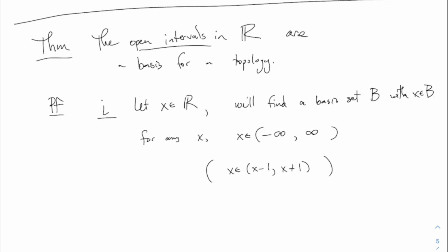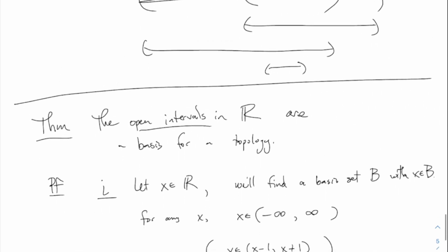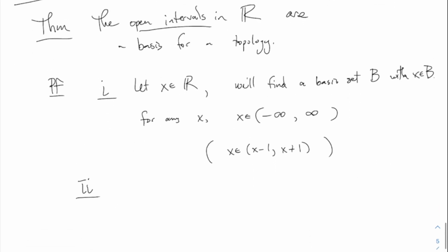Okay, so that was the first property, that every point in the set has to be an element of one of the basis sets. And then the second property is this weird intersections property. But if you believed this picture that I drew up here, it is true of open intervals in R. So what I have to do is take B1 and B2 open intervals with x in the intersection B1 intersect B2, all right?